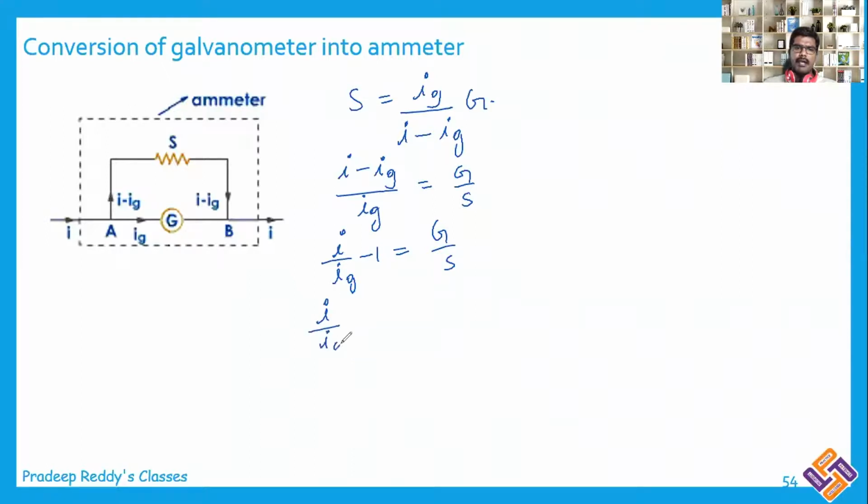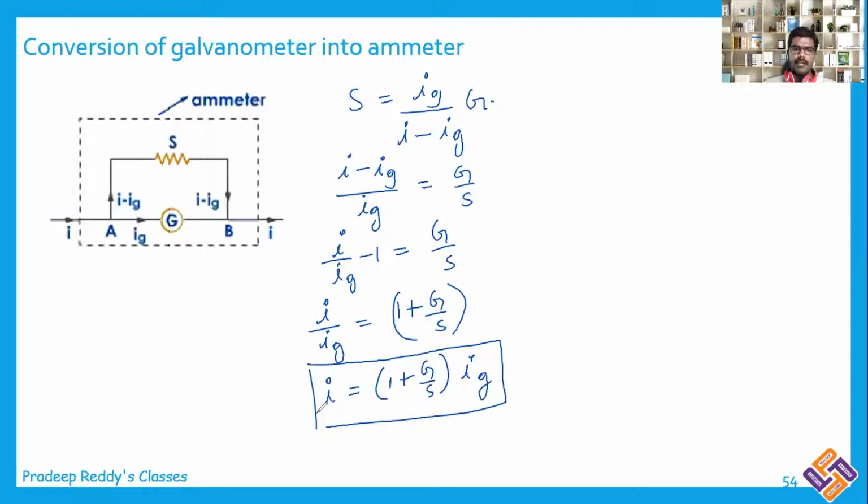I by Ig is equal to 1 plus capital G by S, and I is equal to (1 plus capital G by S) into Ig. Right? And in this equation, 1 plus capital G by S is a constant. As this is constant, you can write I is directly proportional to Ig.